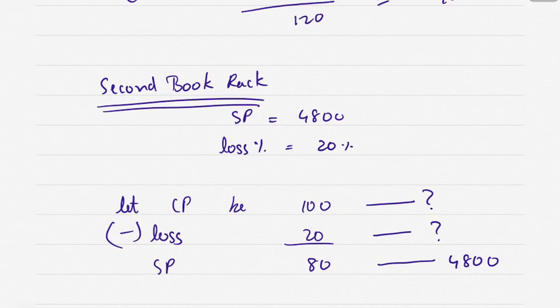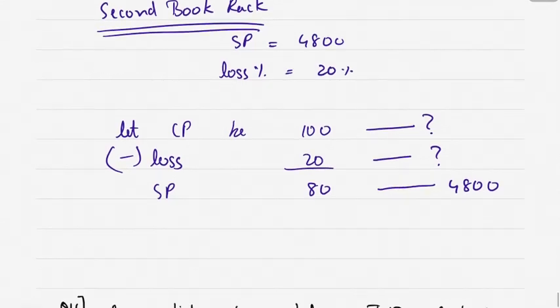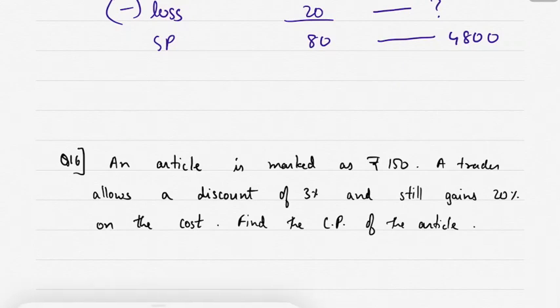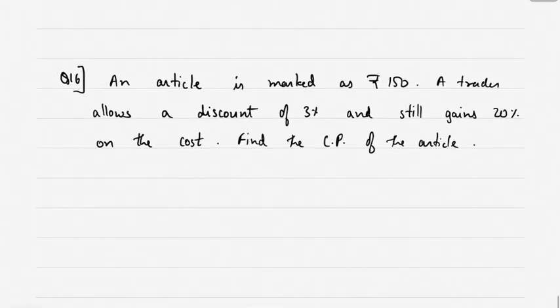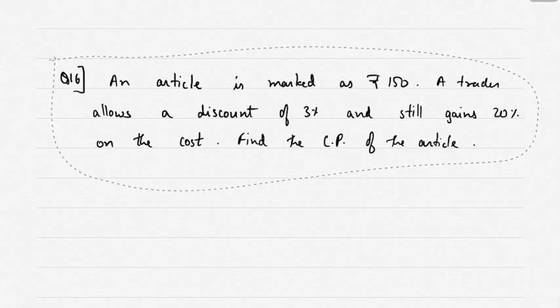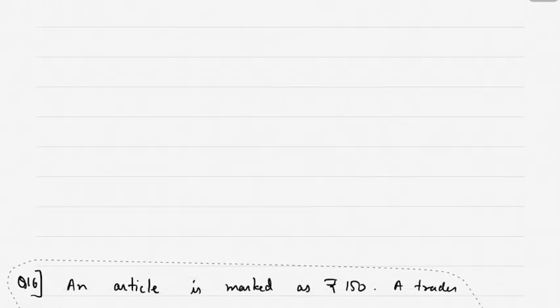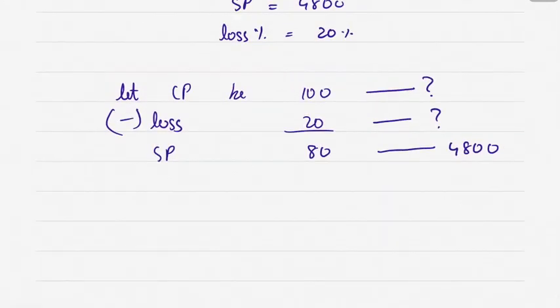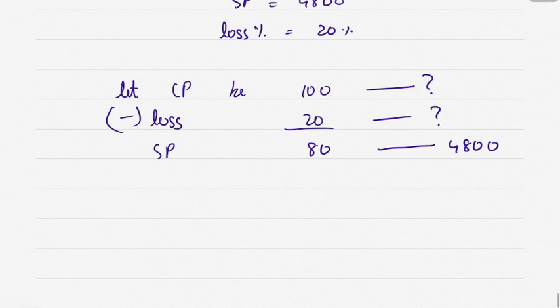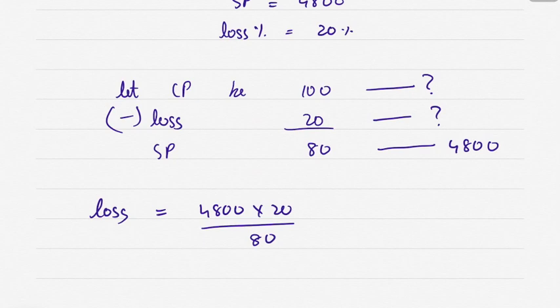So how much is loss and how much is cost price? Again here, let's calculate. Loss is equal to 4,800 into 20 divided by 80. Okay. And cost price is equal to 4,800 into 100 divided by 80.